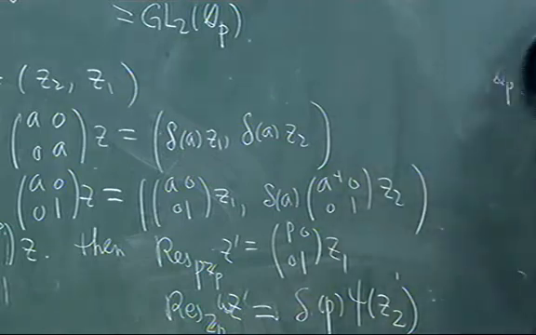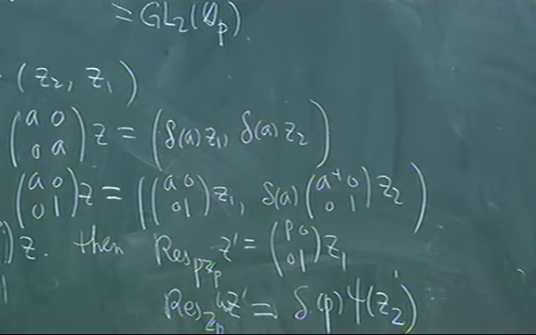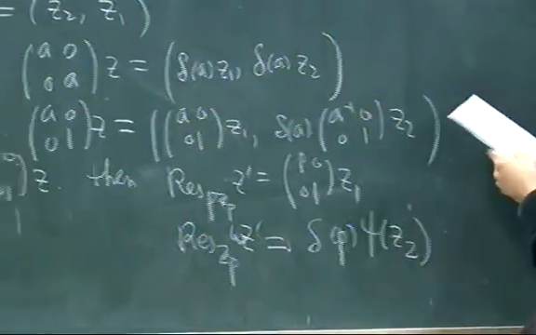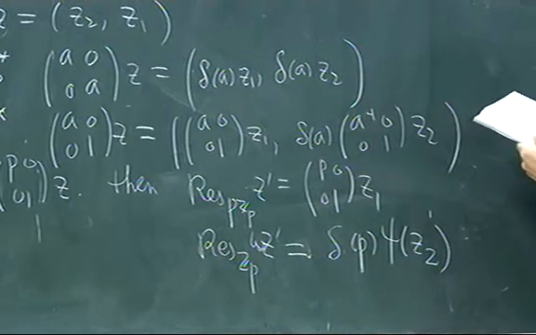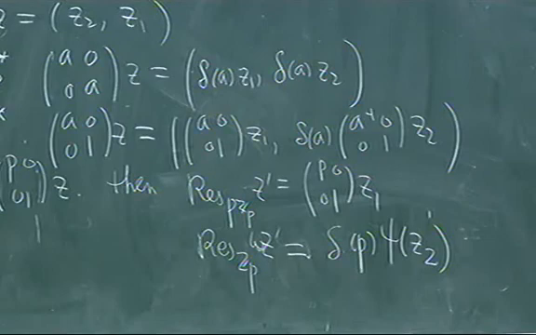Okay. So the only one left now is the unipotent element. So the last is B. If B is contained in PZp, Z prime is 1B01Z.